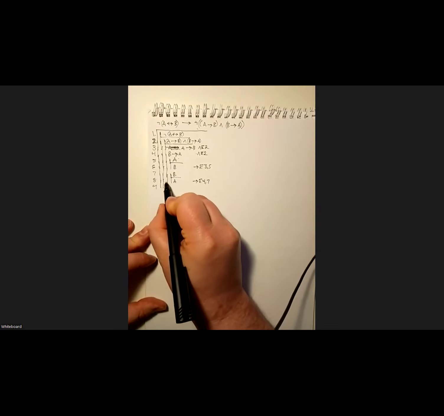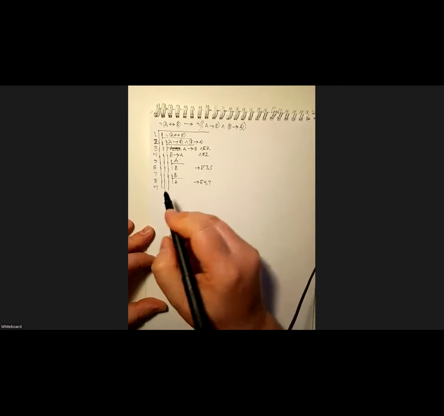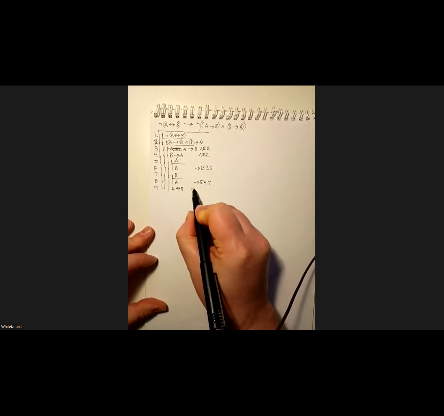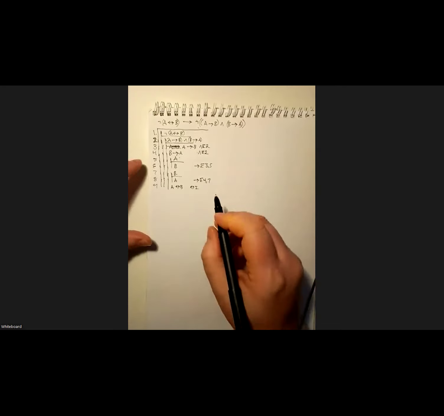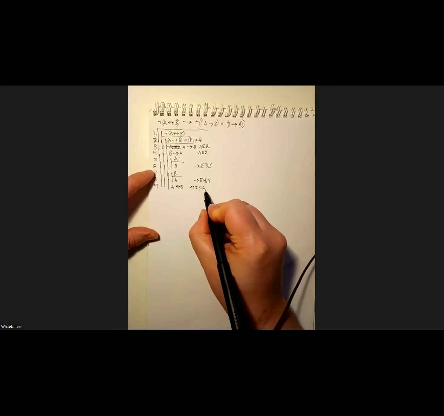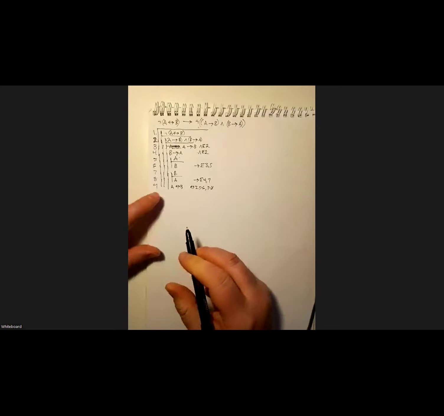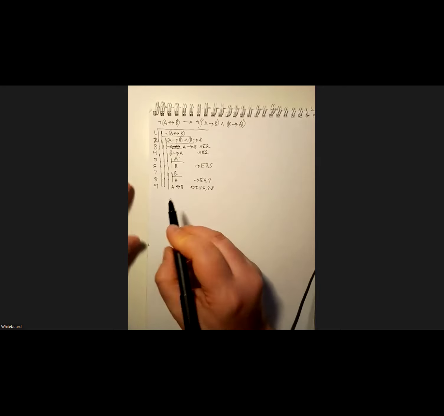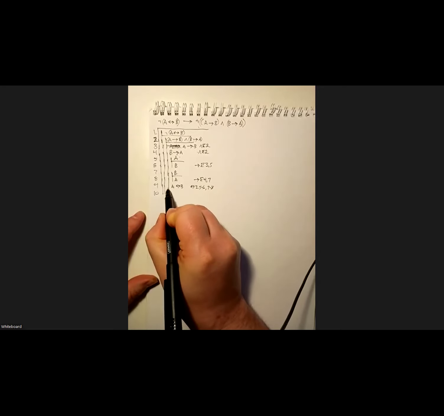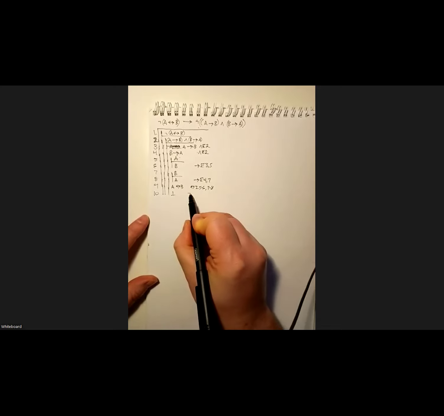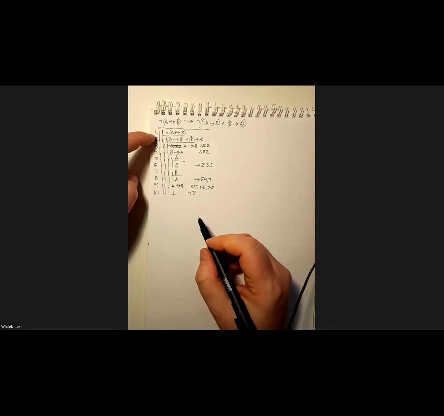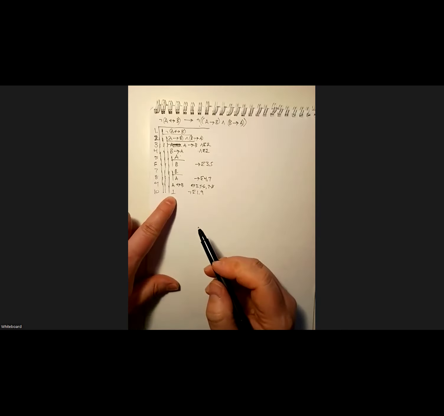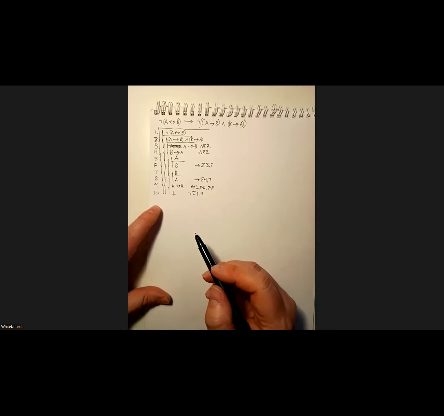And hey, look, now with these 2 subproofs we can do biconditional introduction, 5 through 6, 7 through 8. We've got our biconditional, which contradicts 1. So we can do our negation elimination, 1 and 9. And now we're just going to start working backwards.